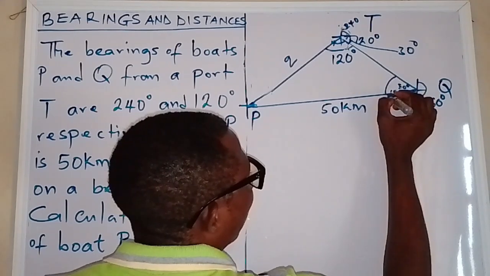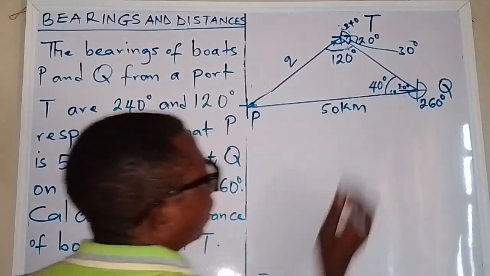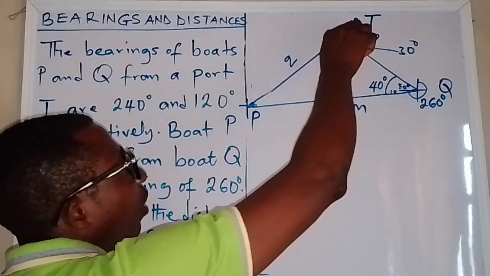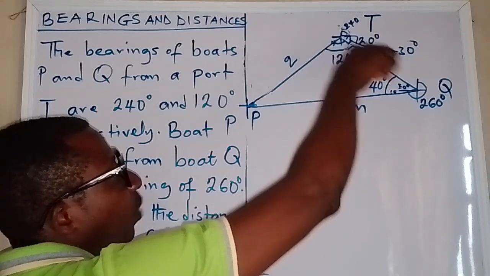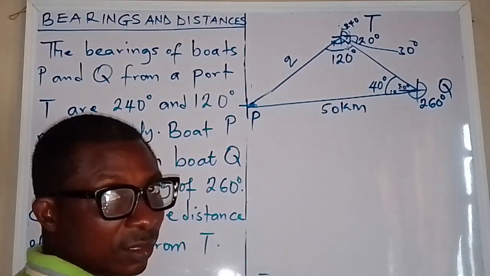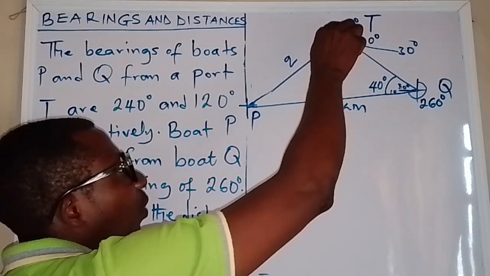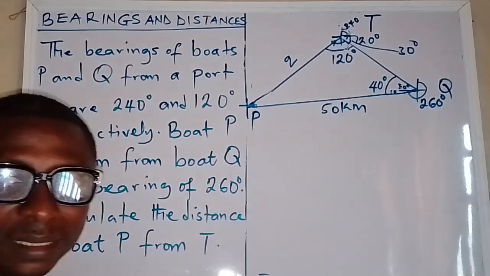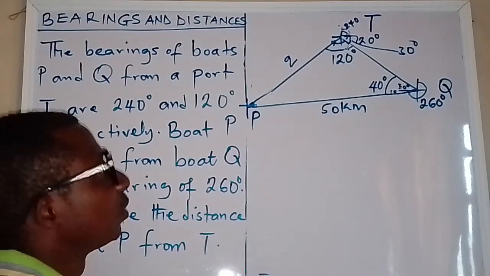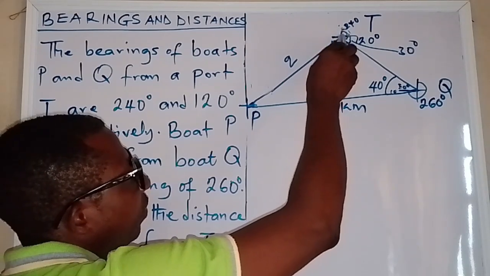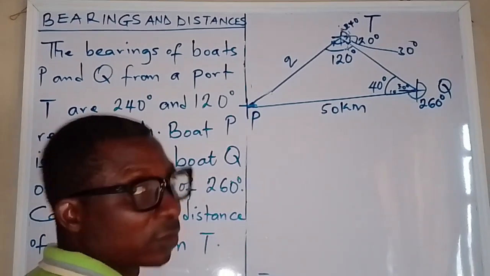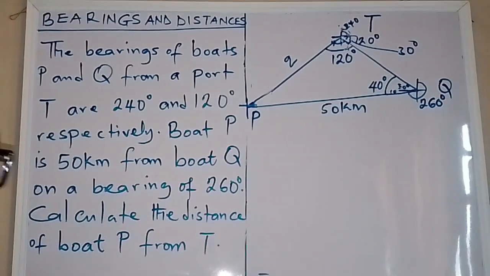So the total angle we'll have here is 40 degrees. Let me take that again. From the North Pole to line TQ is 120 degrees. From the North Pole to the East Pole is 90 degrees, so take 90 away from 120 and you have 30. The 30 here is alternate to this, so this is 30, and then we have 10 left here before, so this gives us 40.